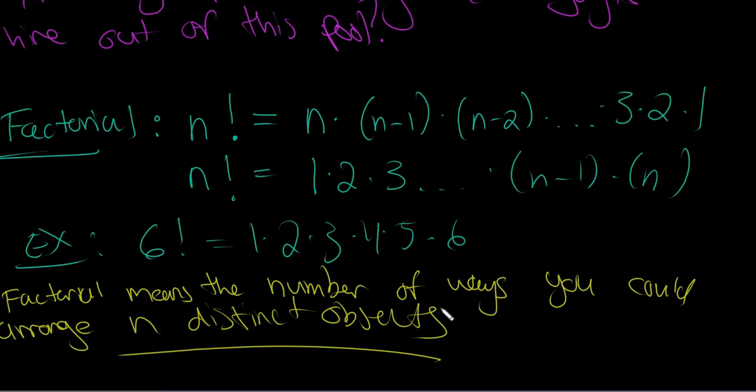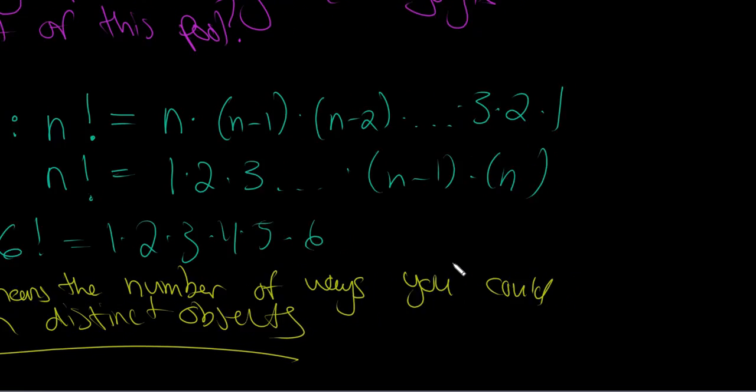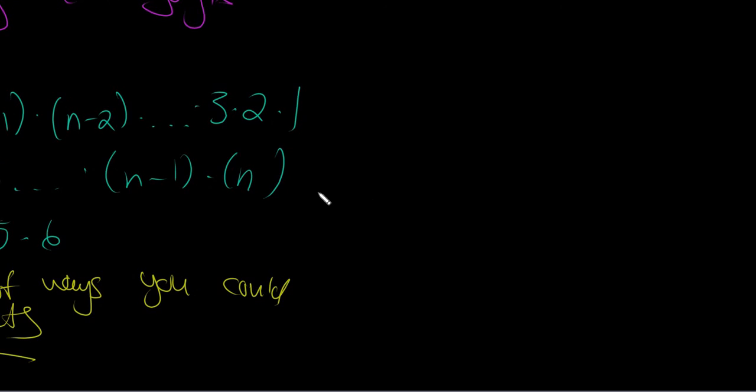What do I mean by that? Let me scroll over. I've run out of space going downwards. Now I have to go sideways. What do I mean by the number of ways you can arrange n distinct elements?